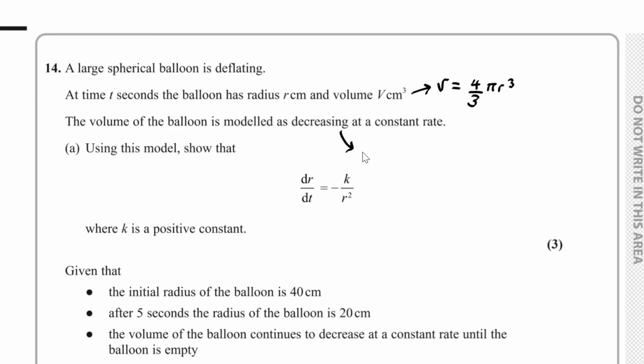So that tells us that dV over dt, that's decreasing, so we have a minus, at a constant rate. We'll call this rate c. So constant rate, that tells us we have a c. Decreasing, we have that, okay, and we've got the word rate, so that suggests to us that we have d over dt, okay.